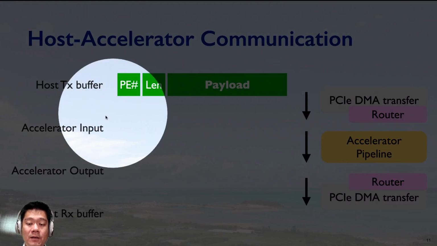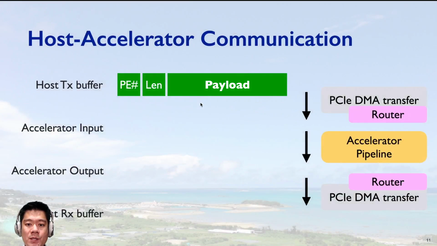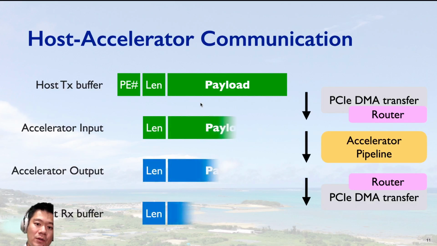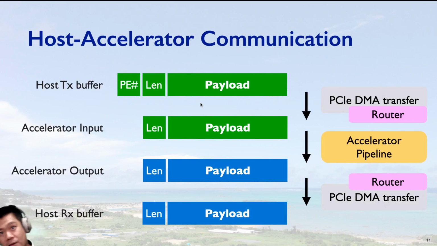Then it invokes DMA transfer to the FPGA. The FPGA will receive the length header with its payload. Then the acceleration pipeline starts. Then finally the host receive buffer will be filled by the result in blue.